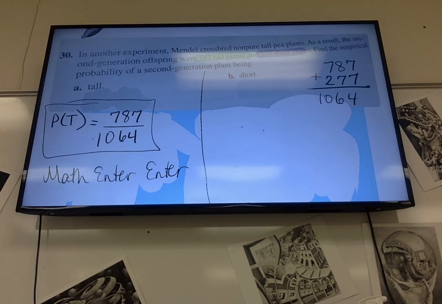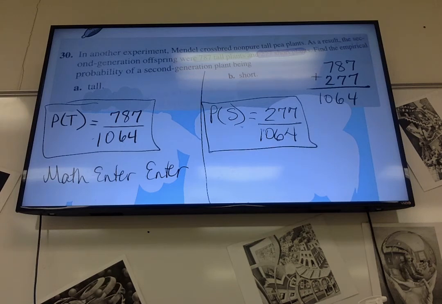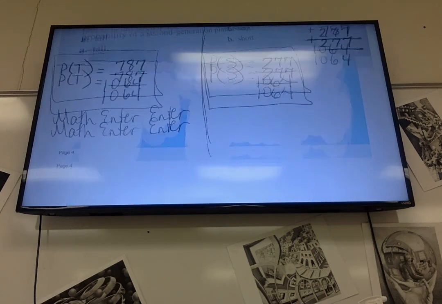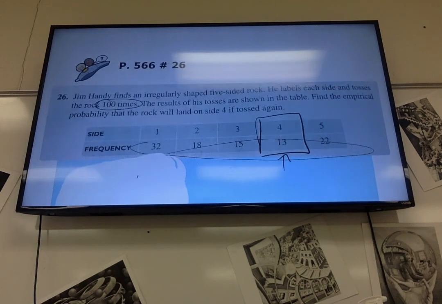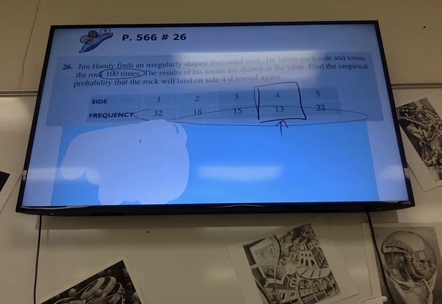So for part B, probability of a short plant, you put the short number on top, and the total would still be on bottom. And that does not reduce either.